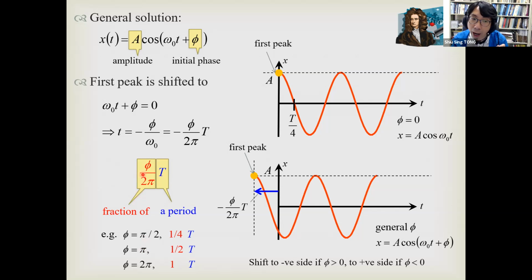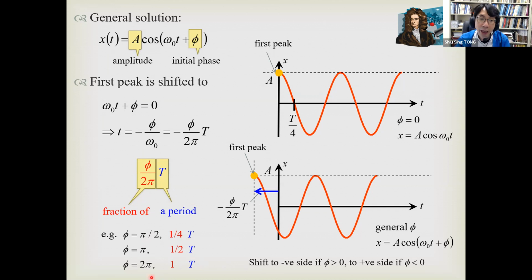If phi is equal to pi, then this becomes half of a period. So shifting the angle by pi corresponds to shifting the cosine curve by half of the period. So the maximum will become the minimum. Imagine you shift the cosine curve by half of the period, then the minimum point moves to the maximum point and vice versa.